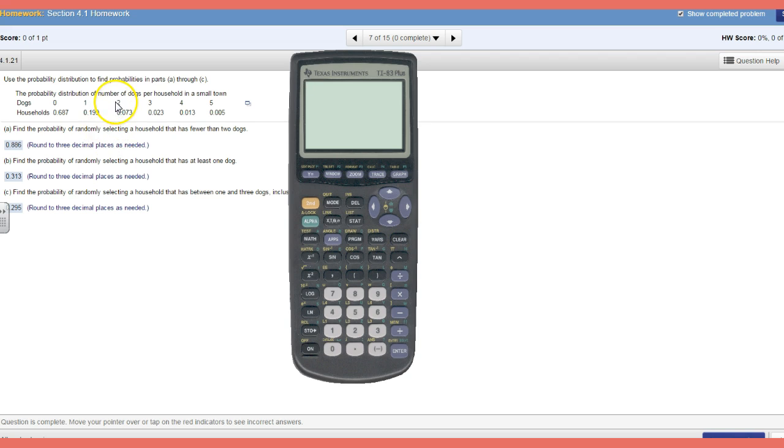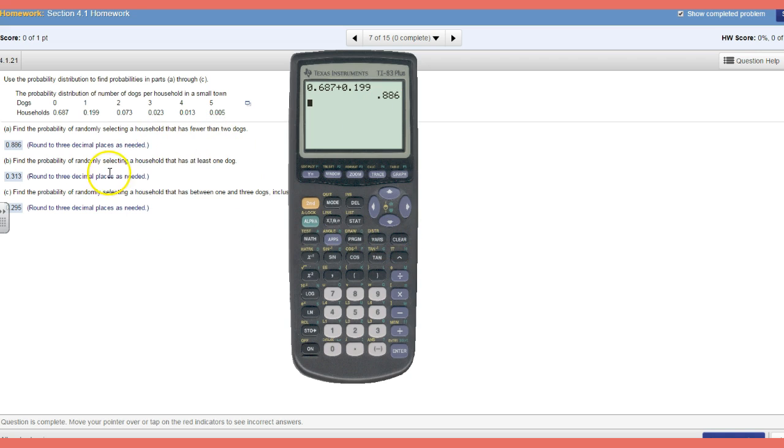Fewer than 2 dogs is the probability of having 1 dog or 0 dogs, so I'm simply going to add them: 0.687 plus 0.199, and that gives me 0.886, the probability of having fewer than 2 dogs.